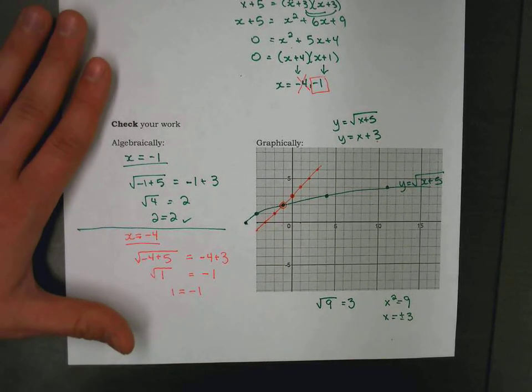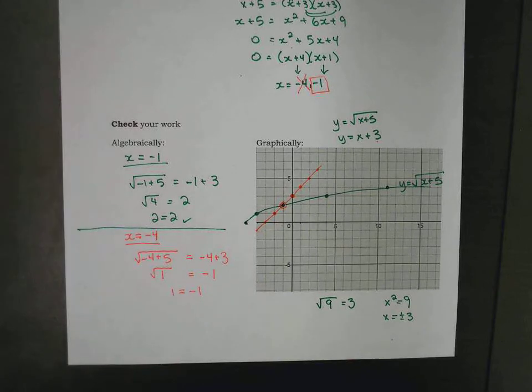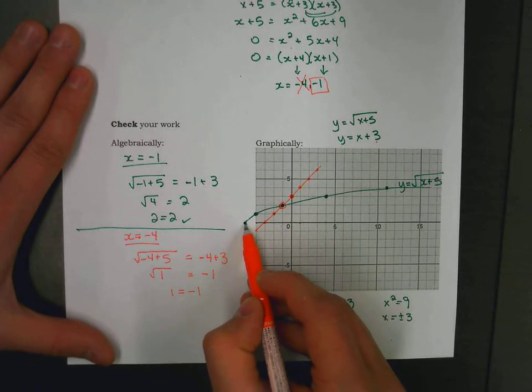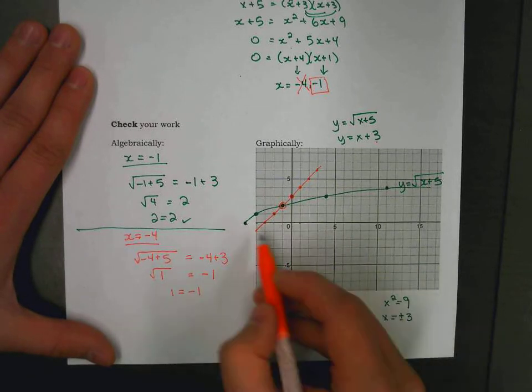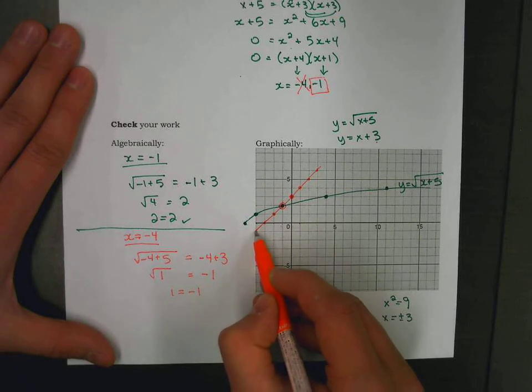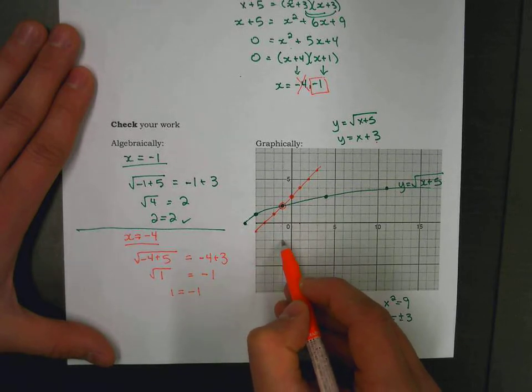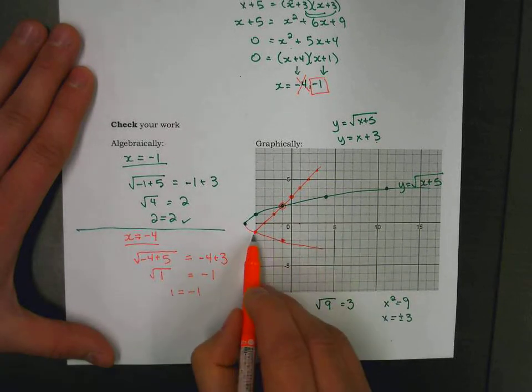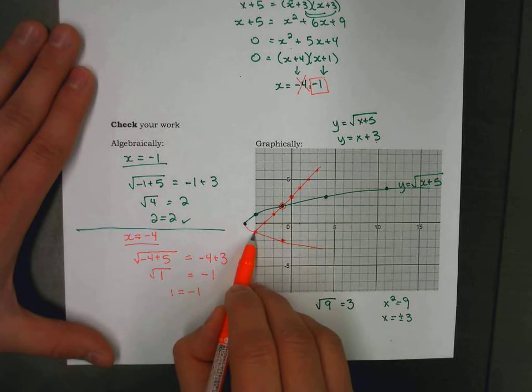And as a bit of a side conversation, why did it say -4? Well, technically, if this graph did continue with a negative side, if this existed, it would intersect at an x value of -4.